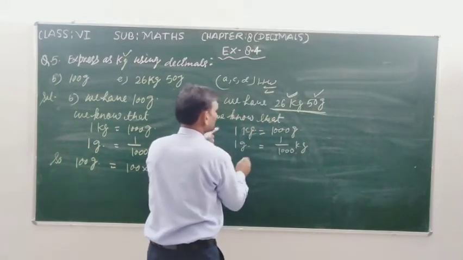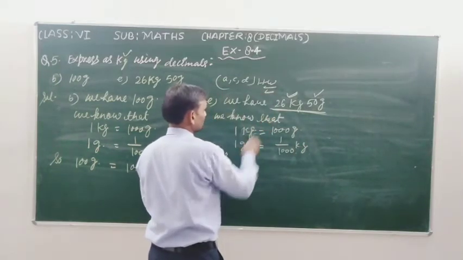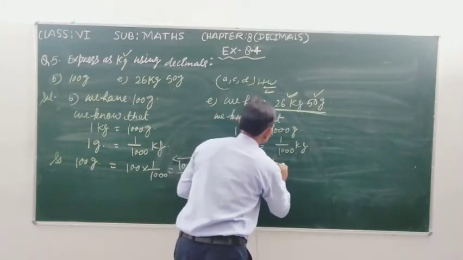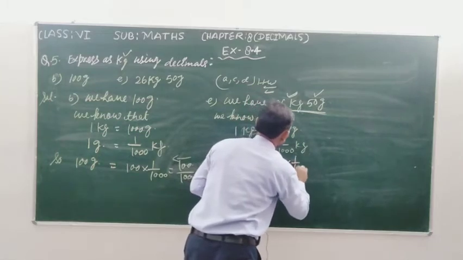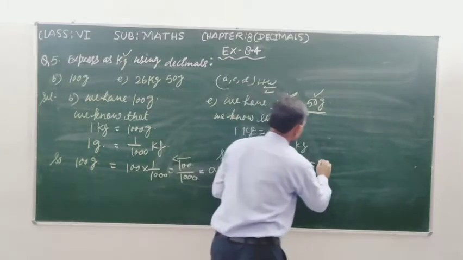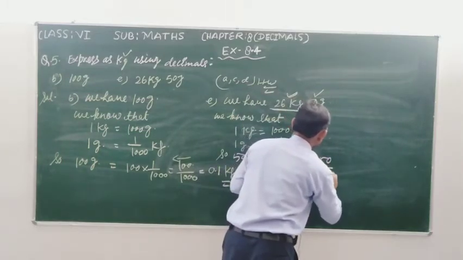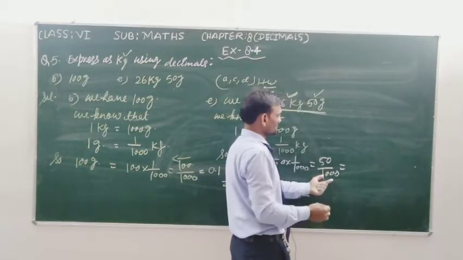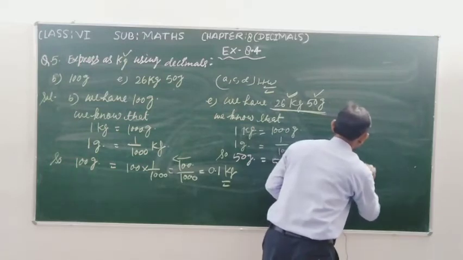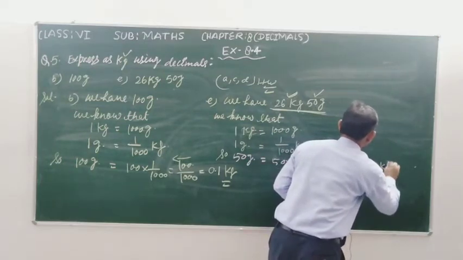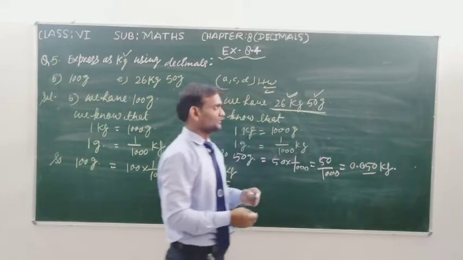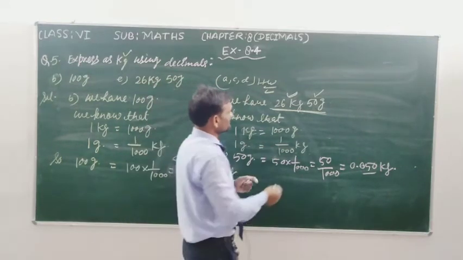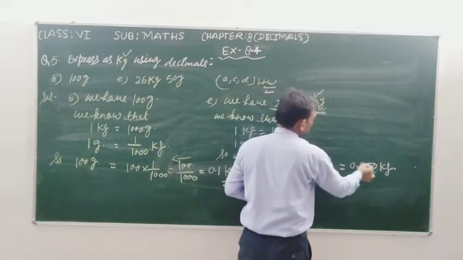So 50 gram is equal to 50 into 1 upon 1000 is equal to 50 upon 1000, and when you divide 50 by 1000 you get the 0.050 kg. 0.050 kg. It means you have changed 50 gram in kg.